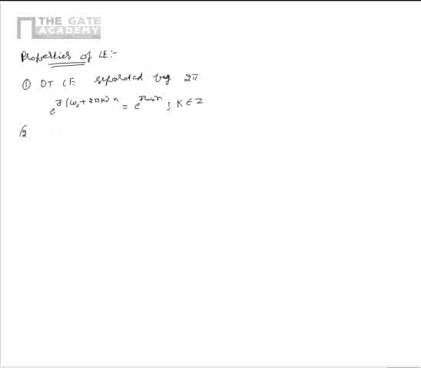The second property is related to the orthogonality property of discrete time complex sinusoids, which can be written as the summation over n equal to 0 to N minus 1 of e^{jk(2 pi/N)n} is equal to N if k mod N is equal to 0, and 0 otherwise.